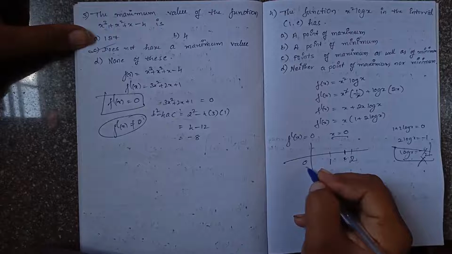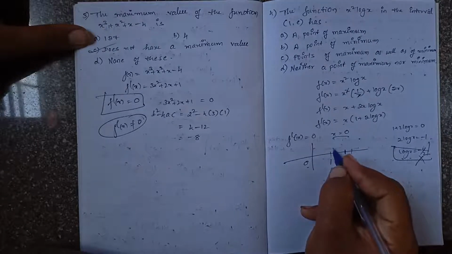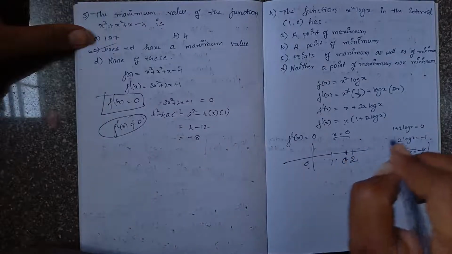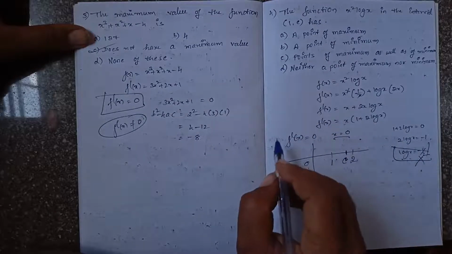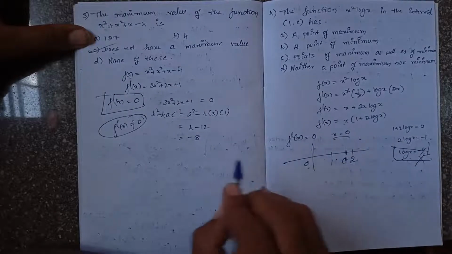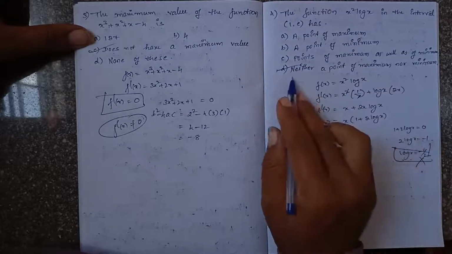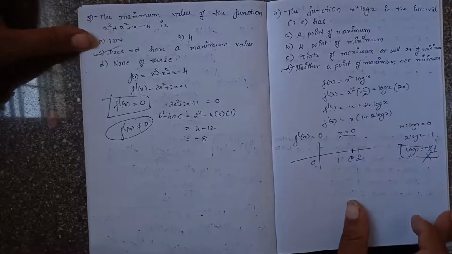This means in the interval 1 to e, the curve nowhere starts increasing or decreasing; it is continuously increasing or continuously decreasing. So in this interval nowhere is f dash of x equal to 0. So it is neither a point of maximum nor a point of minimum.